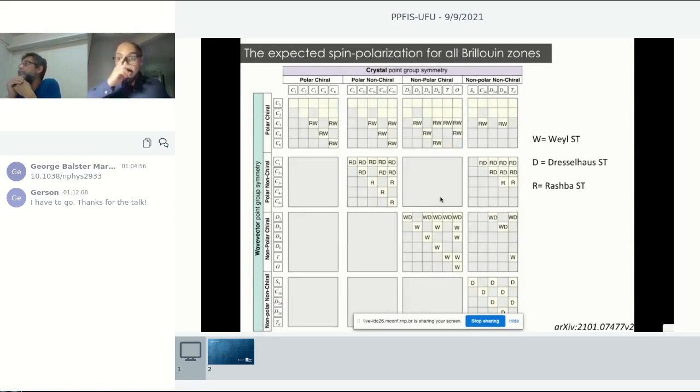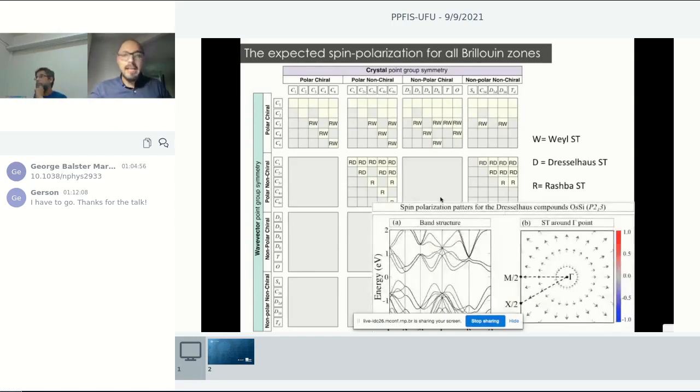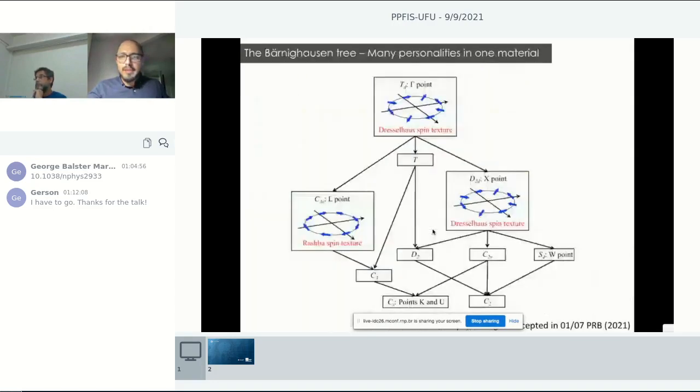Now, if you have a specific compound, you can directly look at our table and search which kind of spin texture you can expect in your compound for the specific wave vector without doing any calculation. So you can directly look at this, no DFT, no tight binding, just look at the table and have the answer, okay?